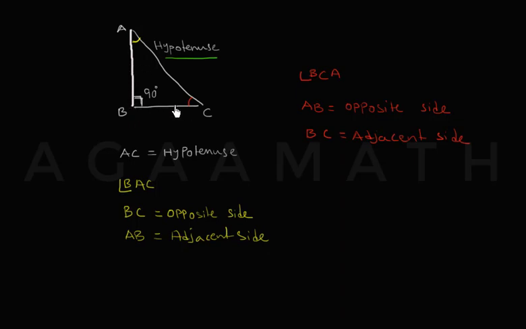Similarly, if you take the angle at C, AB is the opposite side and BC is the adjacent side. The hypotenuse is fixed because the side opposite to 90 degrees is the hypotenuse.